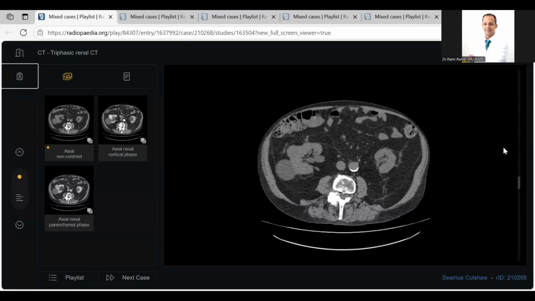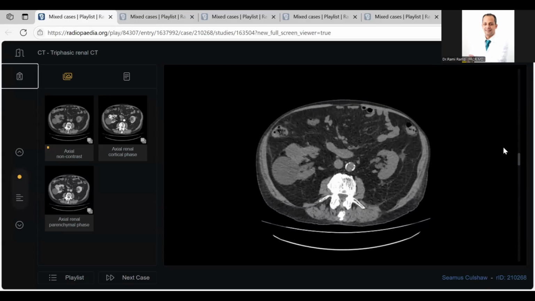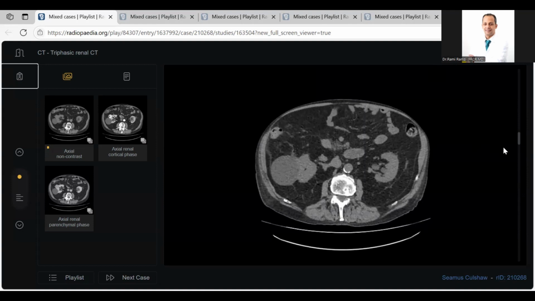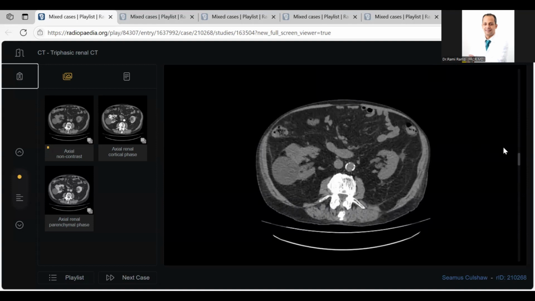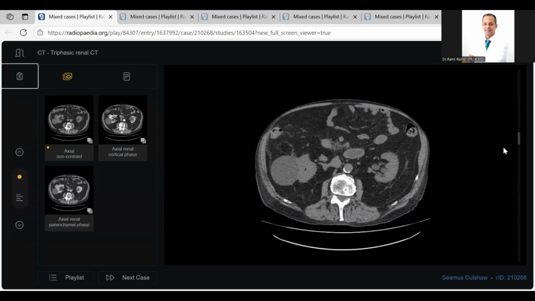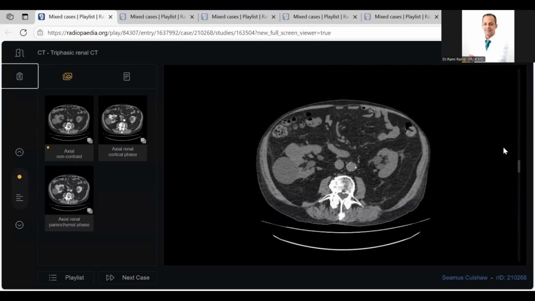This is an axial non-contrast CT study of a triphasic renal CT scan. This is the plain study in which I can appreciate that bilateral renal margins are blurred. There is a large exophytic, apparently simple cyst arising from the periphery of the right kidney.